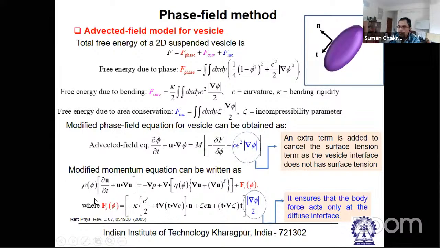Fortunately, the Navier-Stokes equation still can be extended with additional body forces to take care of all these aspects of the free energy, and that particular model is known as the advected field model.